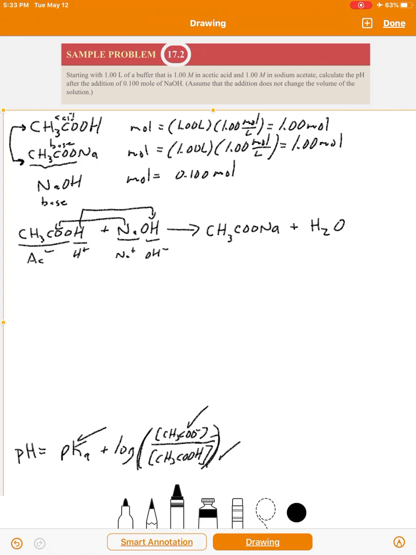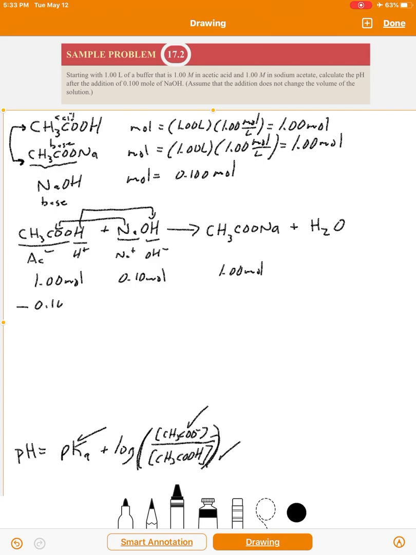So let's put the amounts in. The amount of acetic acid we have is 1 mole. The amount of sodium hydroxide is 1/10 of a mole. And the amount of sodium acetate is also a mole. We don't need to worry about water in this case. It's a liquid. This is a limiting reactant problem.